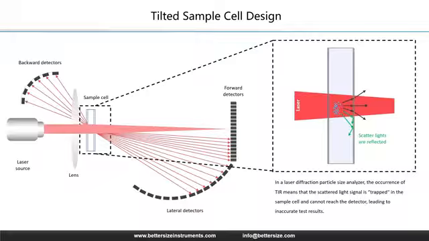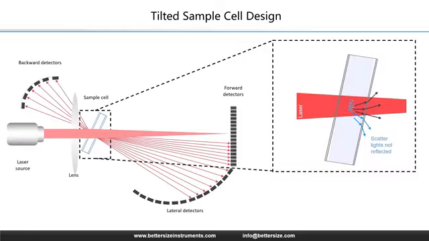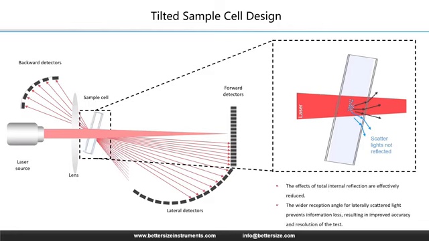This missing information confuses the algorithm, leading to a shift in particle size distribution peak and reduced accuracy in the micron to submicron range. The solution is our patented tilted sample cell technology. By tilting the cuvette, we shift the angle of the glass wall relative to the scattered light.